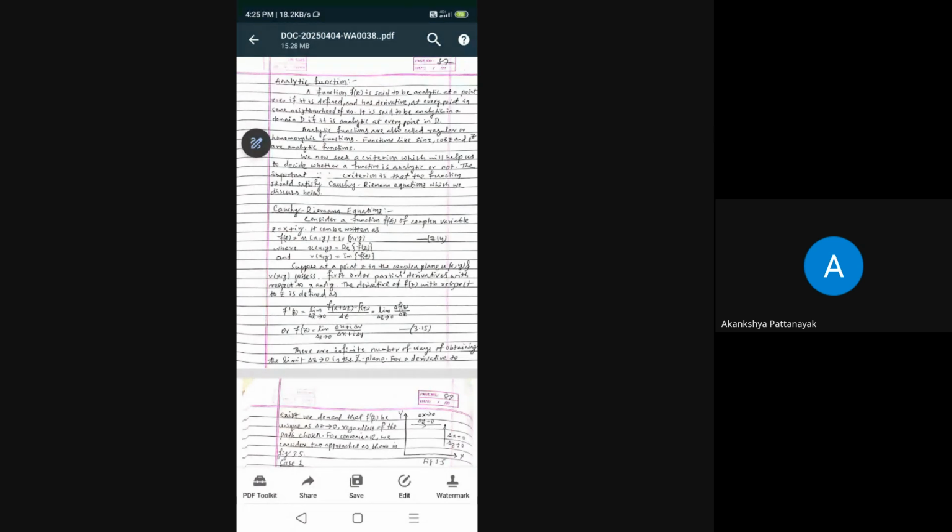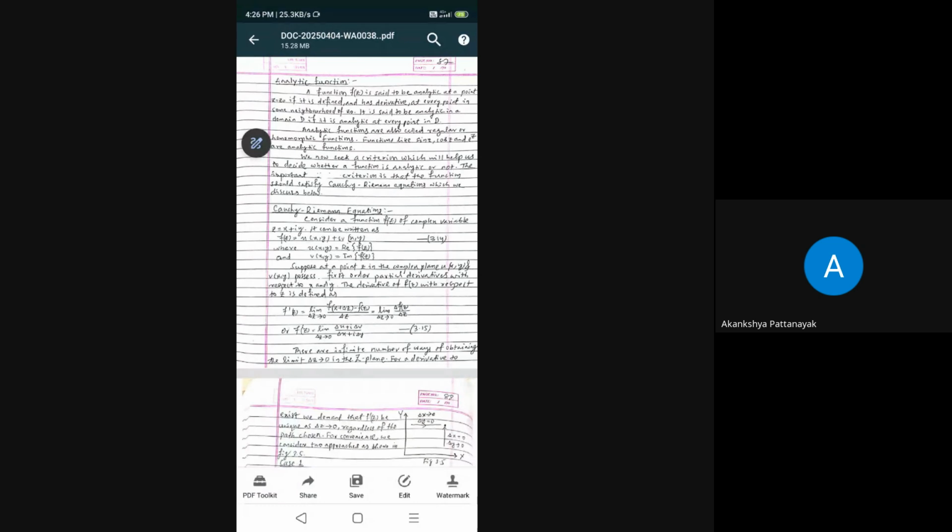So there are some criteria which will help you decide whether a function is analytic or not. There is a mathematical technique to test this. If in the vicinity of a point z0 there is a domain D, and in that domain the function has a derivative at every point, then we can say it is an analytic function.